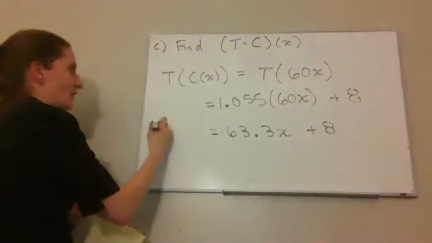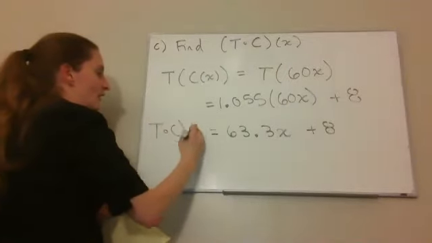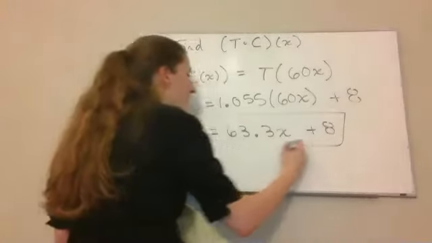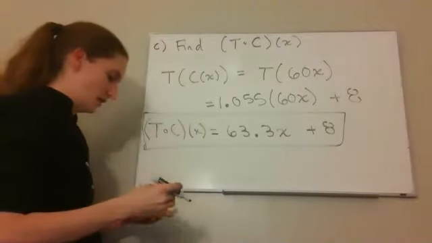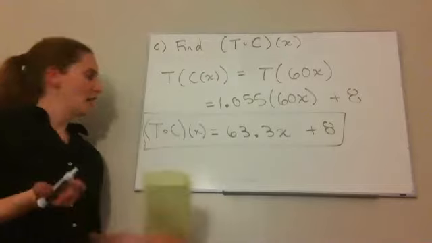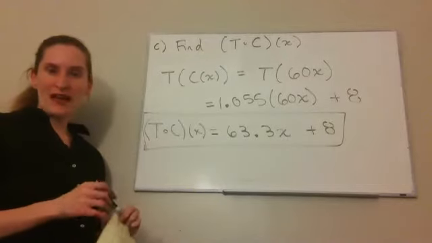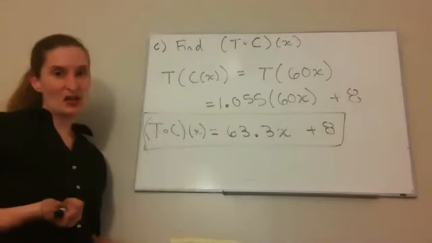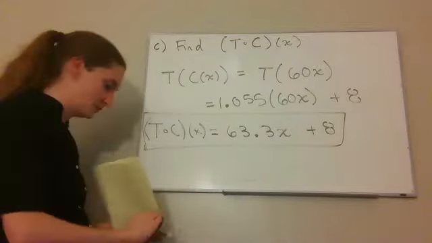So this is my function T of C of X. And now for part D, we're going to evaluate this for a particular value of x and then interpret what that means.